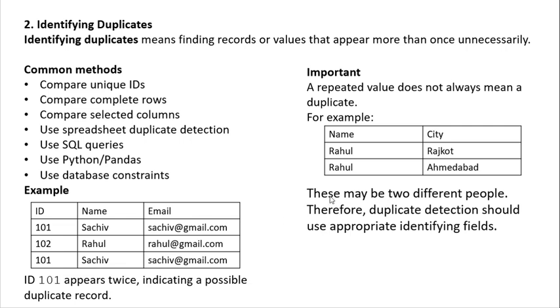So this may be two different people, and therefore duplicate detection should use the appropriate identifying fields. If all the fields are the same, it is a duplicate record, but as the city name is changed, this record is not a duplicate.